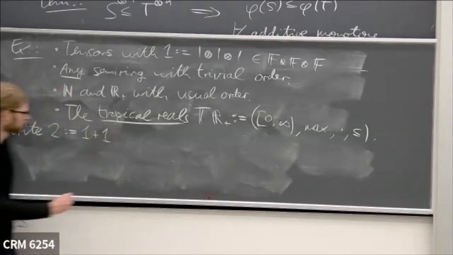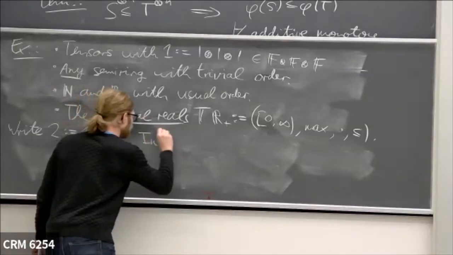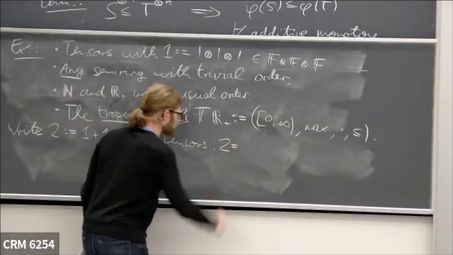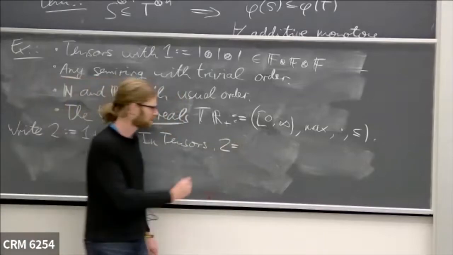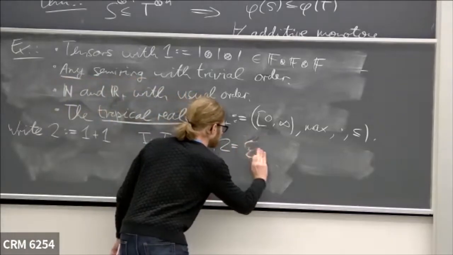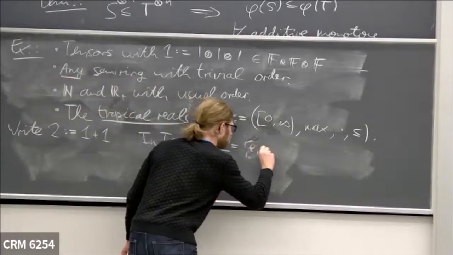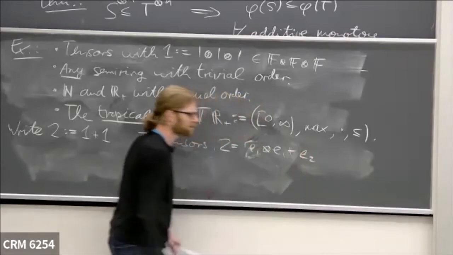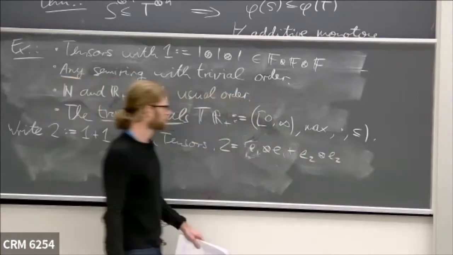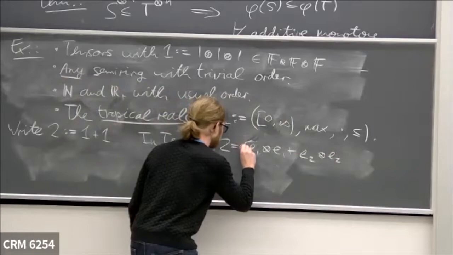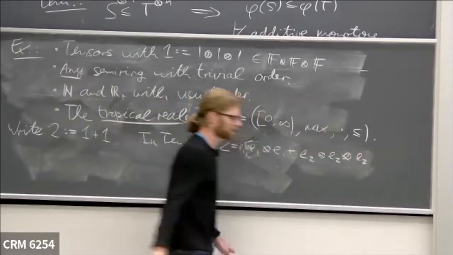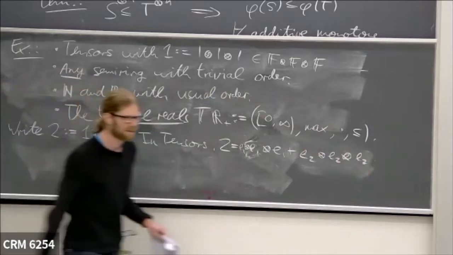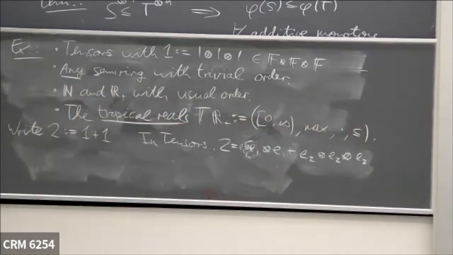So in the semiring of tensors, this element 2 is then E1 tensor E1, sort of a maximally entangled singlet state, right? Oh, 3 tensor factors here. Then a GHZ state, I guess, is what a quantum information theorist would call it, up to normalization.